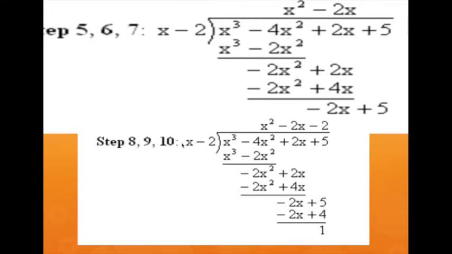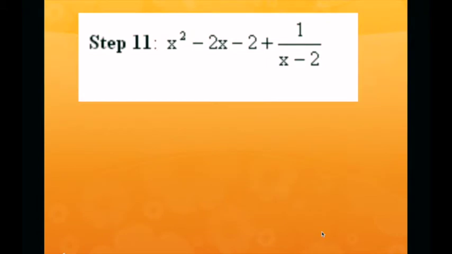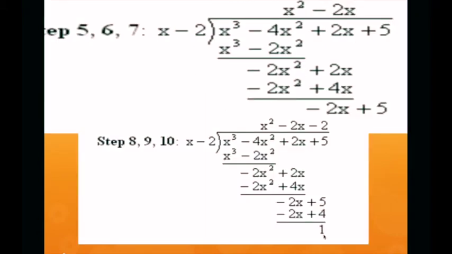Again, try to find the number that, when multiplied by x - 2, gives -2x. In this case, it's -2. The product is -2x + 4. You do the same thing: 5 - 4 is 1. So you have seen the remainder is 1.